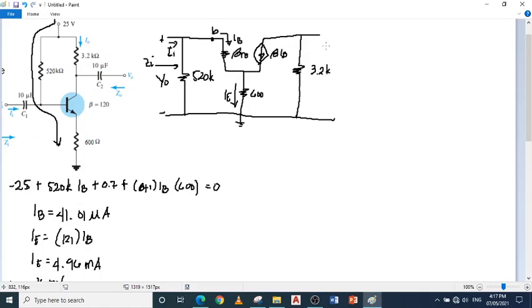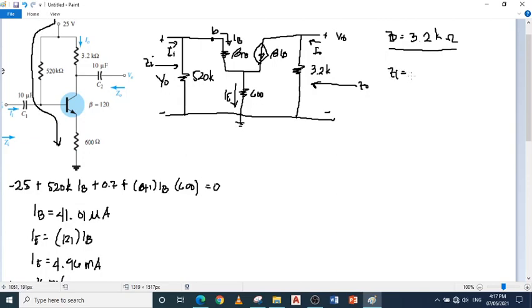And then positive, negative, VO. Then this is IO. And then looking at this is the ZO. So ZO, napakadali. So we have 3.2 kilo ohms. So that is ZO.